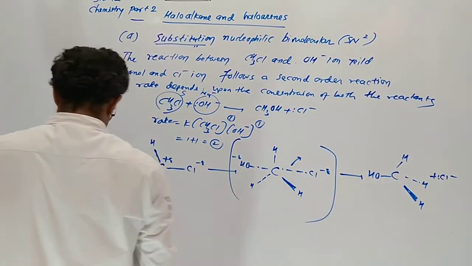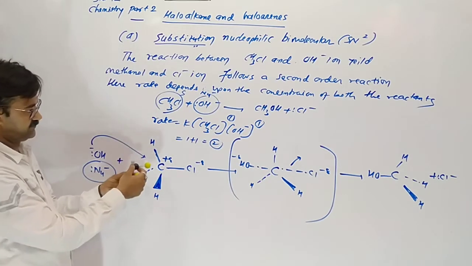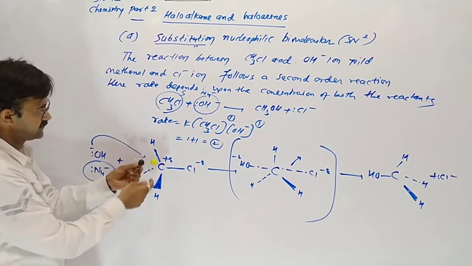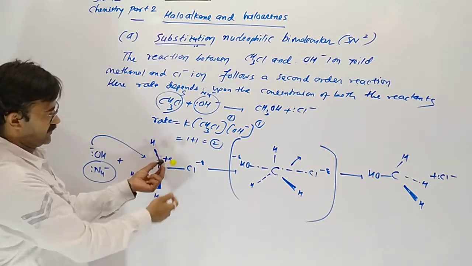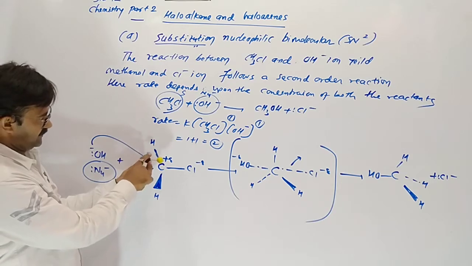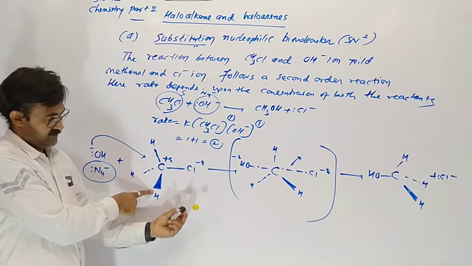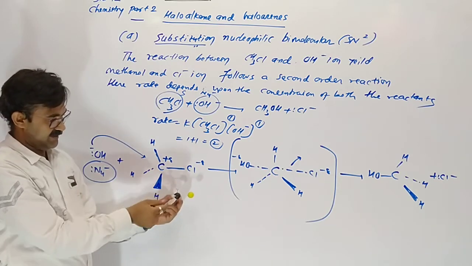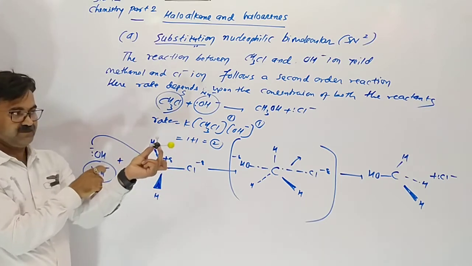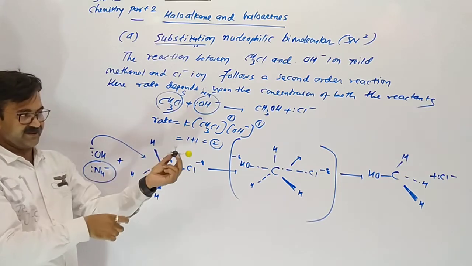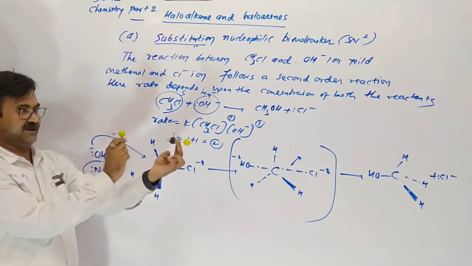You can see this is our CH3Cl. The black sphere is carbon, and this one is chlorine. Chlorine and hydrogen are both on the same plane. Dark wedges mean ahead of the paper, and the dotted line indicates behind the paper. Here the OH group is attacking and coming in.